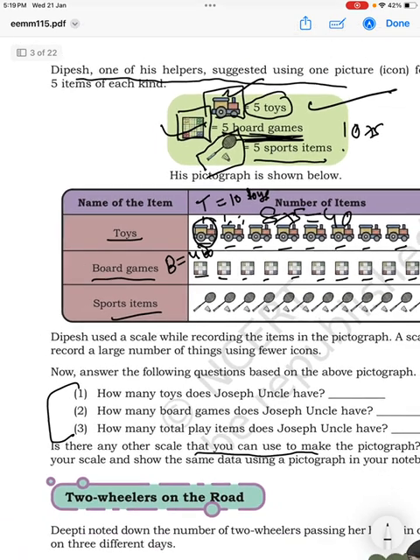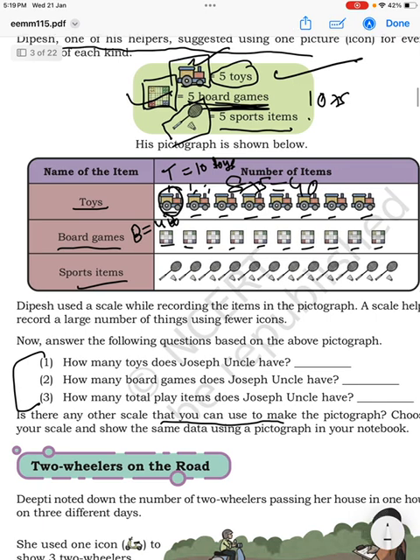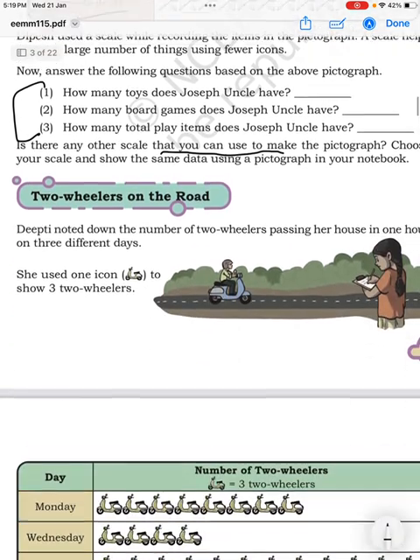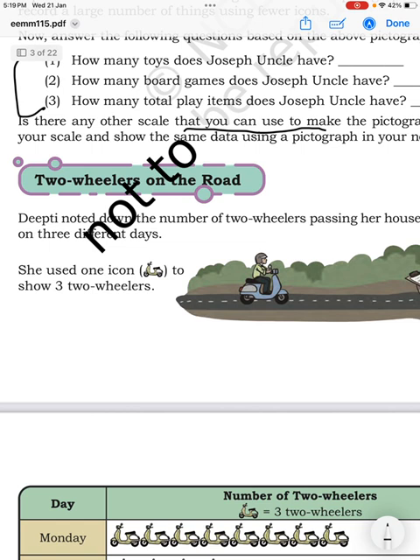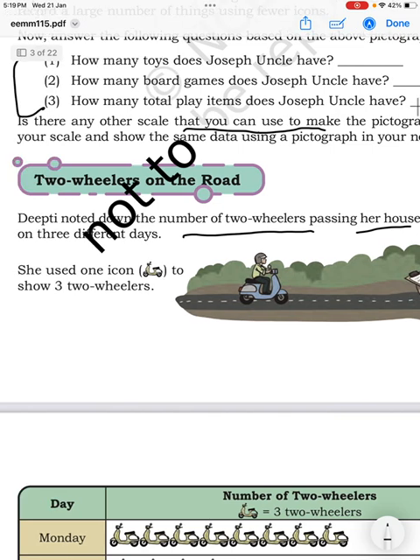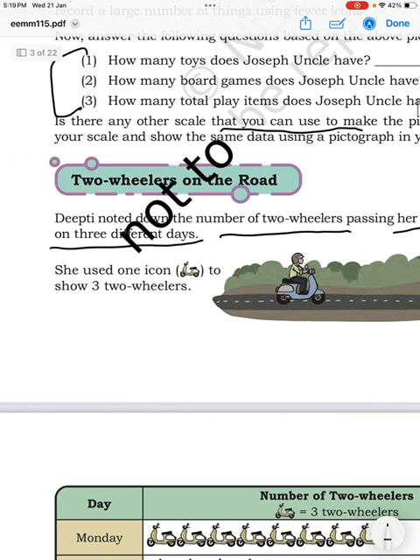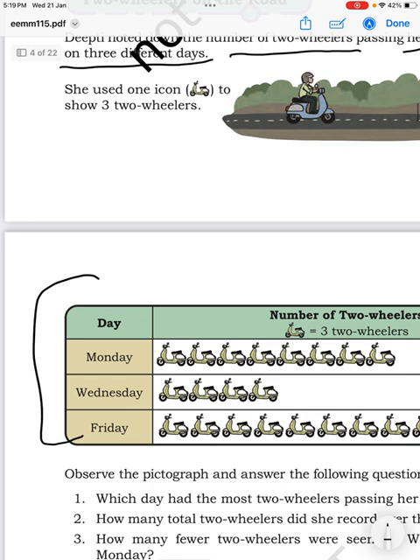Okay, and according to the symbol, the number of symbols you have to put in your final data. So similarly, Dipti noted down the number of two-wheelers passing her house in 1 hour on 3 different days, and she is making a data chart here. You can see she already made it.